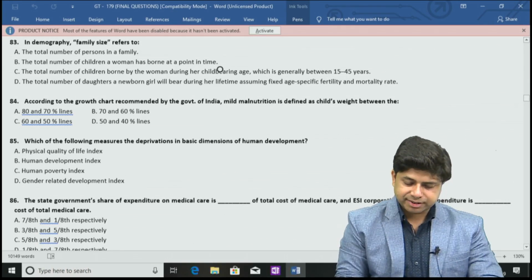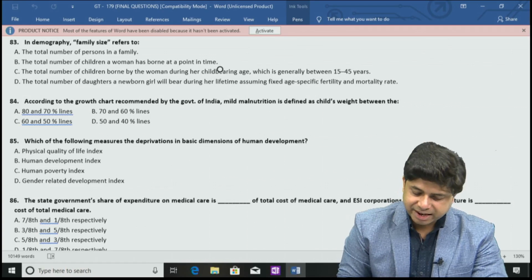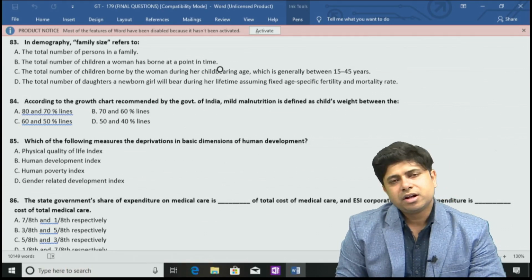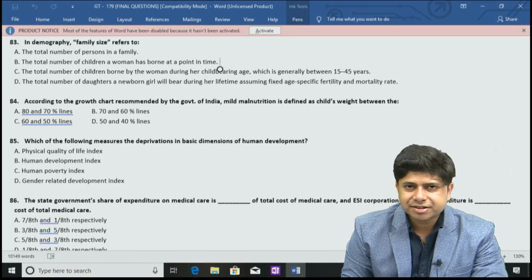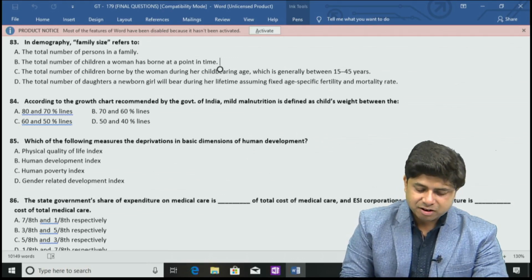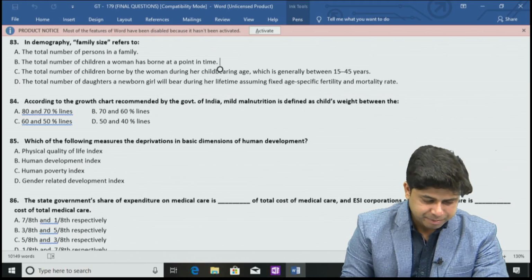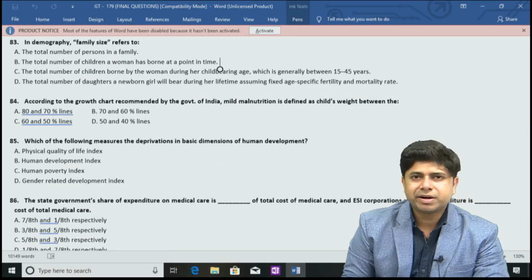Which of the following measures the deprivations in basic dimensions of human development? The options are physical quality of life index, human development index, human poverty index, and gender related development index.